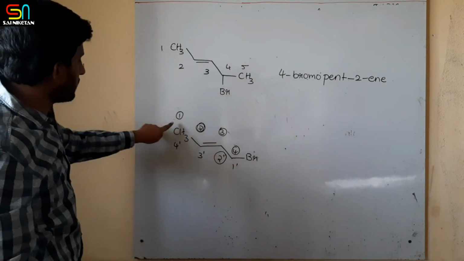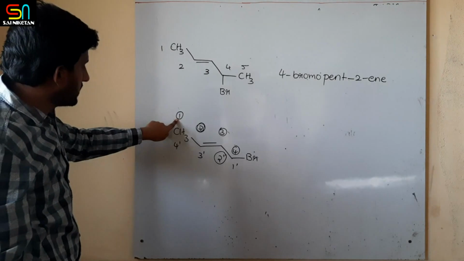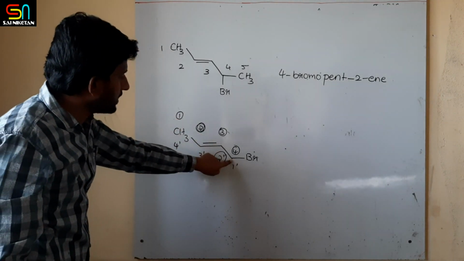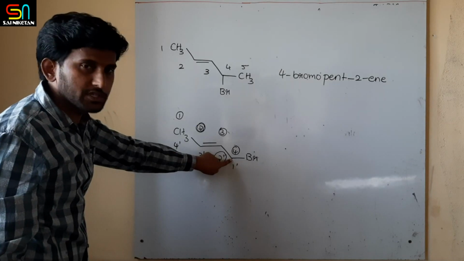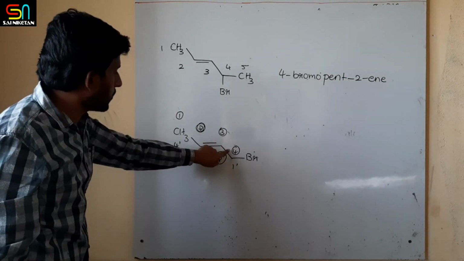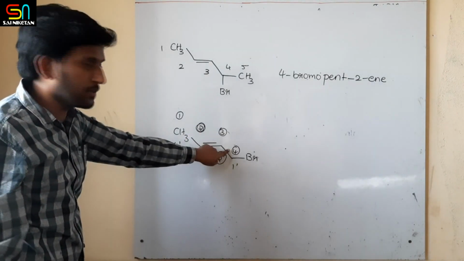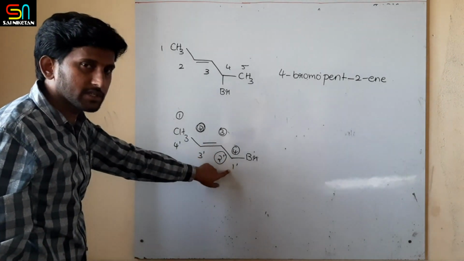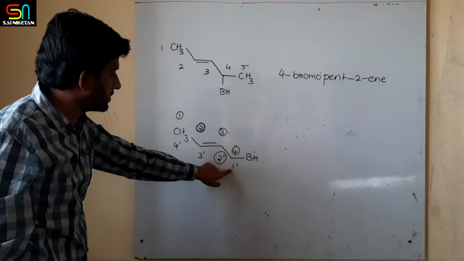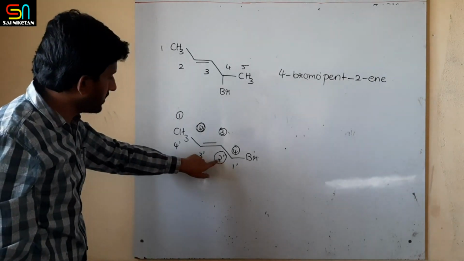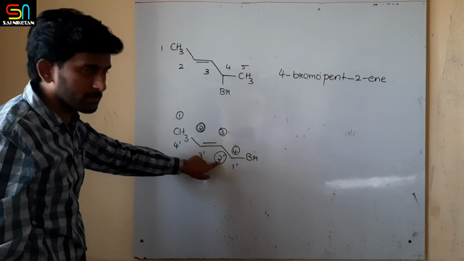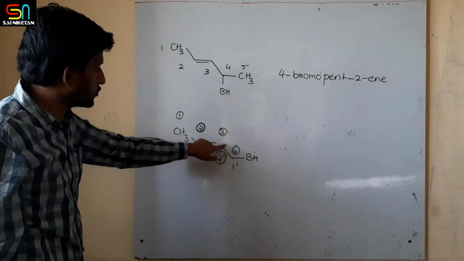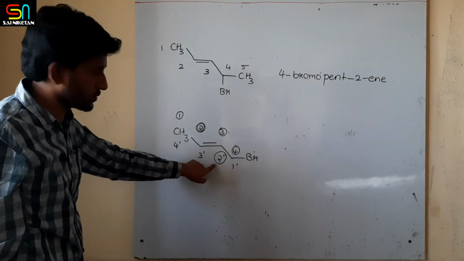If I number from this side, the double bond is at the second position and bromine is at the fourth position. 2 plus 4 gives a bigger number, that is 6. But if I number from the other side, bromine is at the first position and the double bond at the second position. That means 1 plus 2, it will be 3. Here it is 2 plus 4, 6. Here it is 1 plus 2, 3.